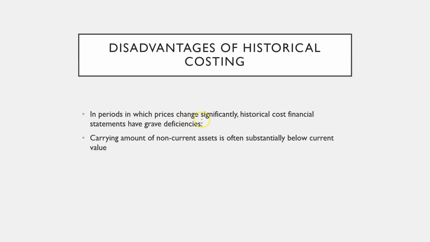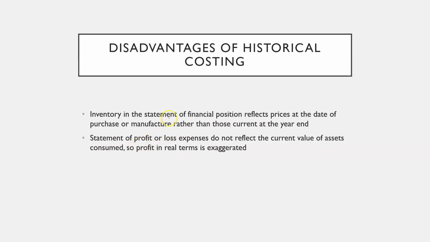But where you have prices changing significantly, this is important. Historical costs give you very tricky differences, especially when you're carrying out ratio analysis. Generally, the carrying amount of non-current assets is substantially lower than current value, and you have inventory in the statement reflecting prices at the date of purchase rather than those current at the year end.